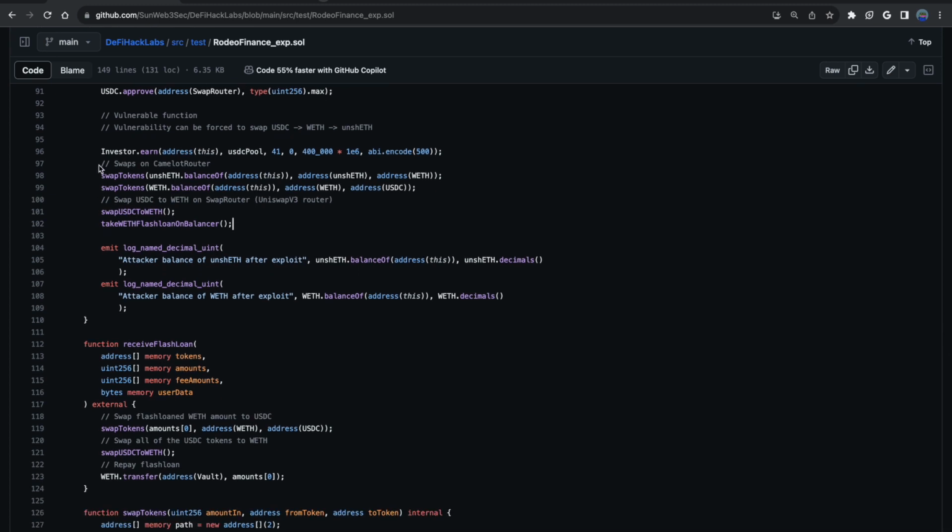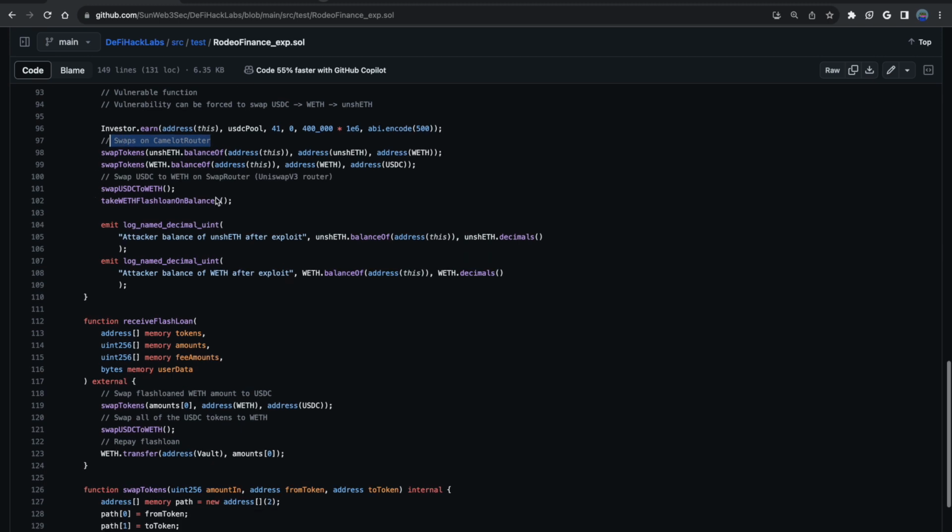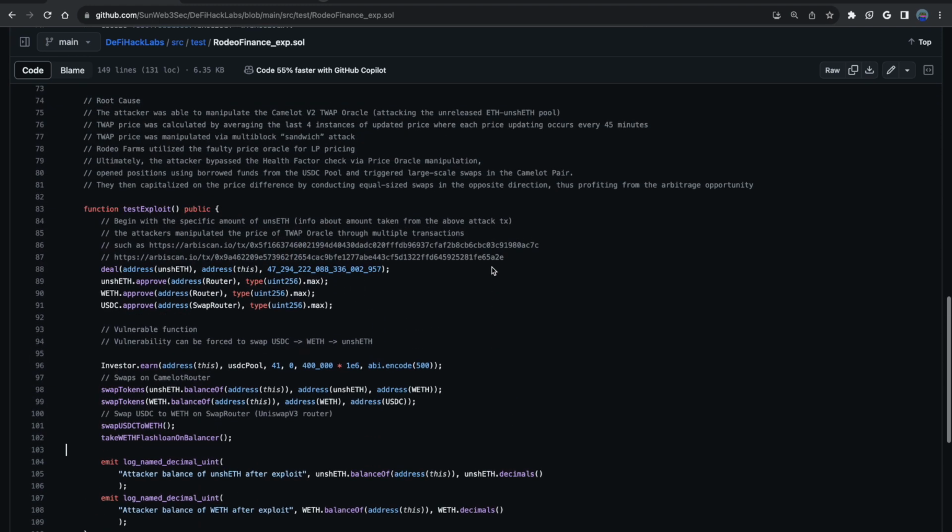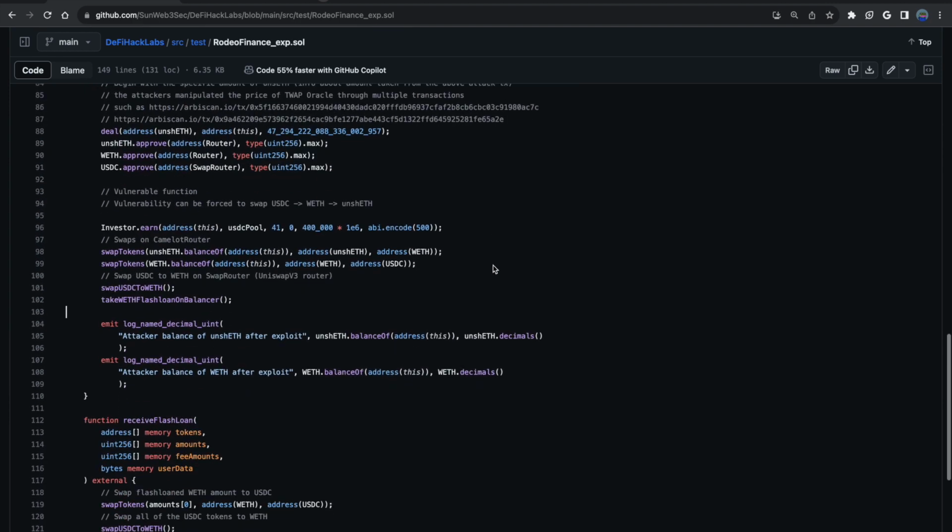Then made a swap on the Camelot router. This is the router that I believe was faulty. So this showed an incorrect price. And then they performed their swap on Uniswap, which allowed them to gain a huge arbitrage in not those Camelot tokens, but on the Rodeo Finance tokens.